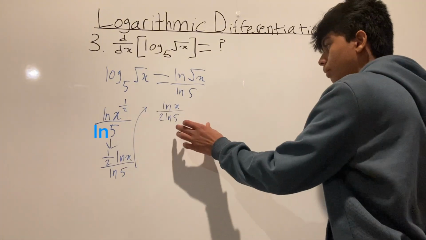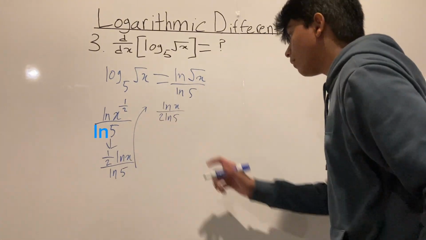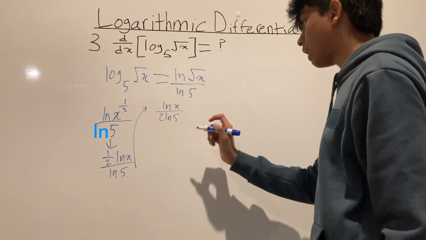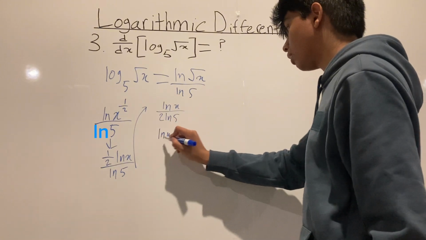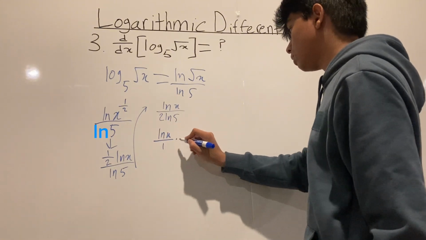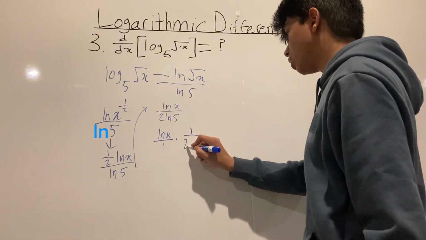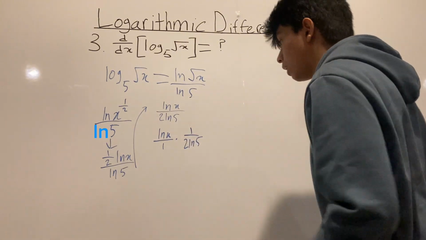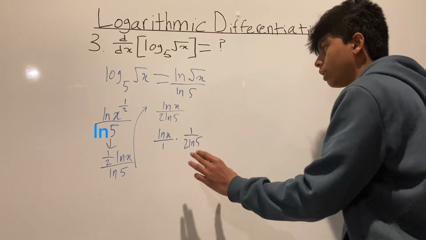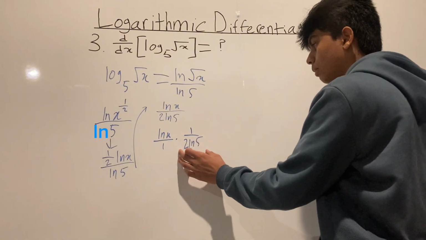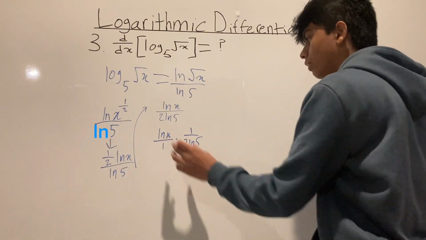Now what I'm going to do is separate it so that the denominator of ln x is just 1. I'm going to do that by saying ln x over 1 times 1 over 2 ln 5. Since 1 over 2 ln 5 is just a constant, there's no variable, this is going to remain the same after we find the derivative of ln x.